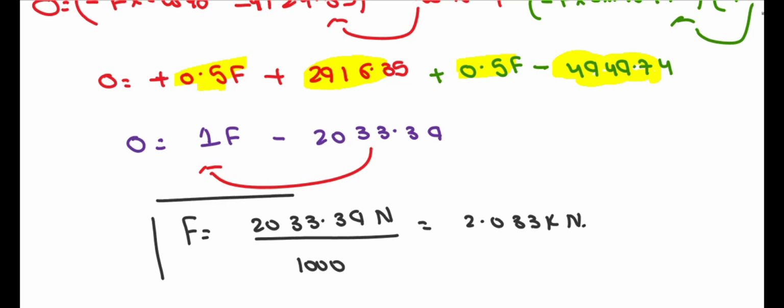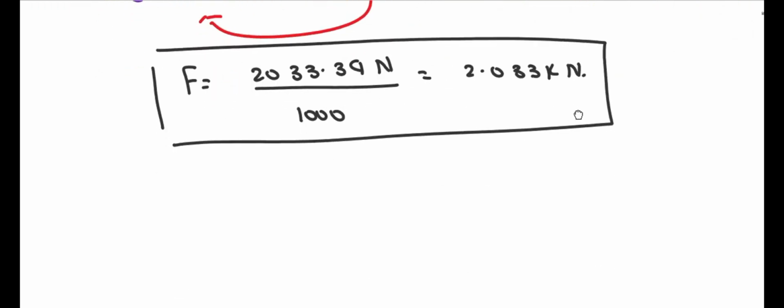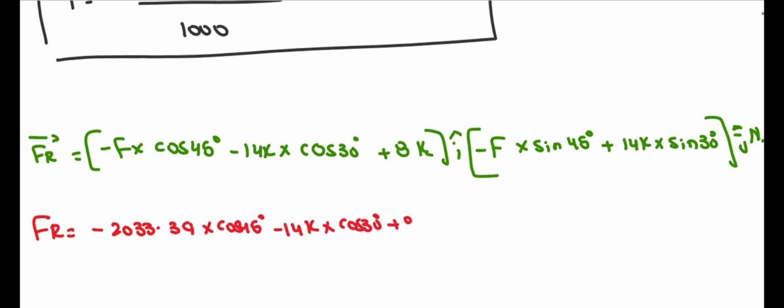This is basically the value of F, and now you are going to find out the value of Fr. So substitute this value into the above expression, as I am going to write it down here. This is basically the expression of Fr. So substitute 2033.39 into here, so that Fr is equal to (−2033.39 cos 45° − 14 kilo cos 30° + 8 kilo) i cap.